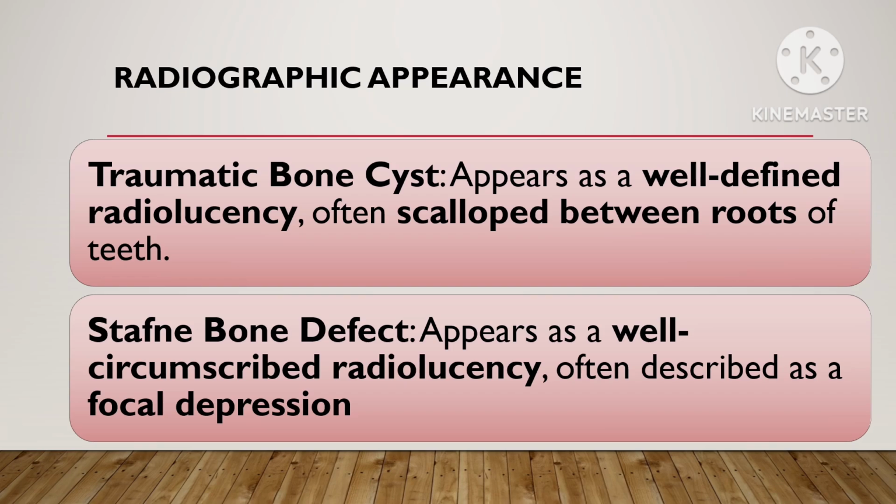The radiographic appearance of static bone cyst is a well-defined oval or round radiolucency, usually unilateral, but does not cause bone expansion or root displacement. On the other hand, a simple bone cyst is a radiolucent lesion with scalloped border which may extend between the roots without resorption or expansion.